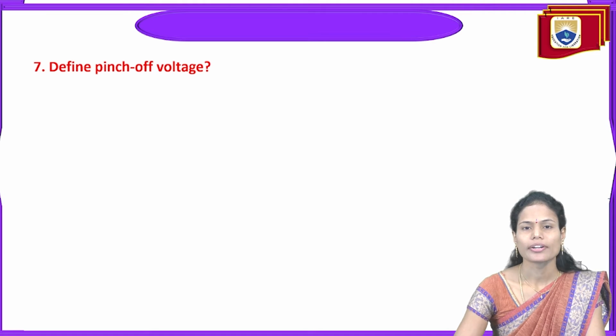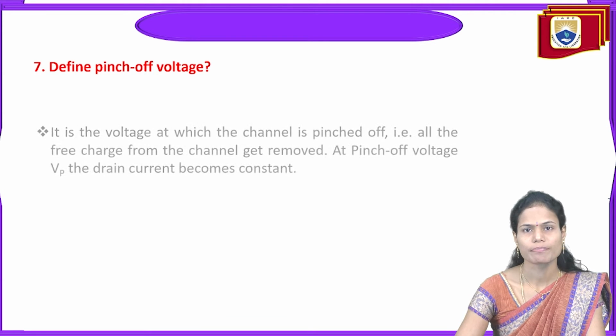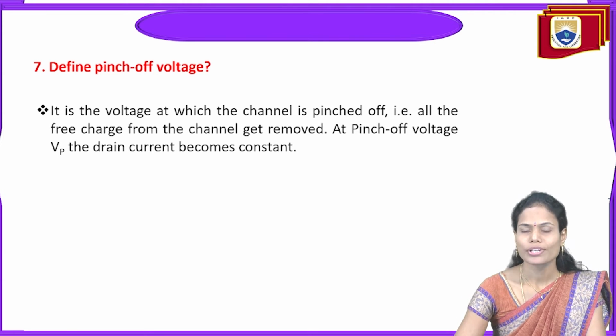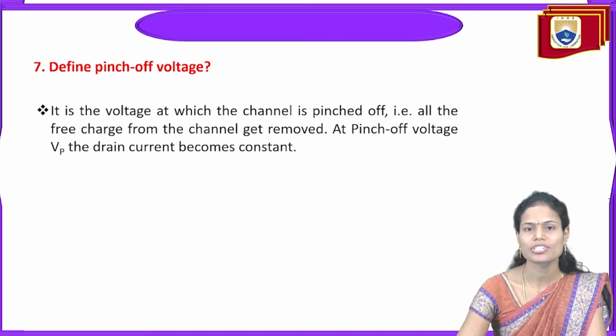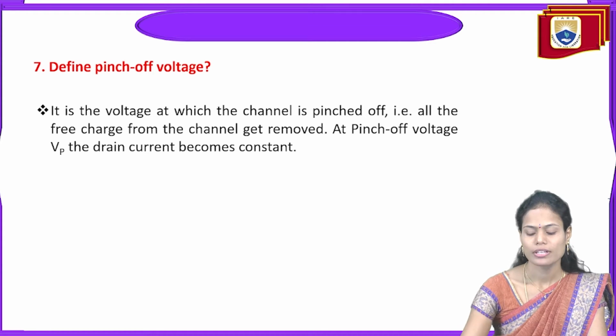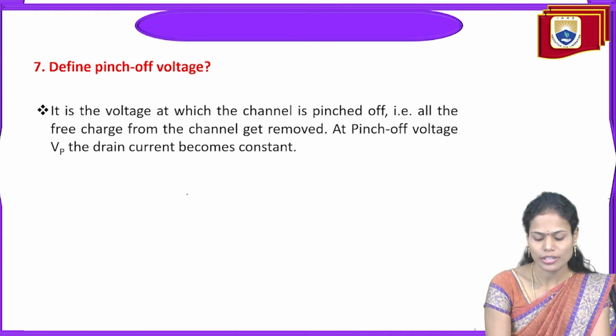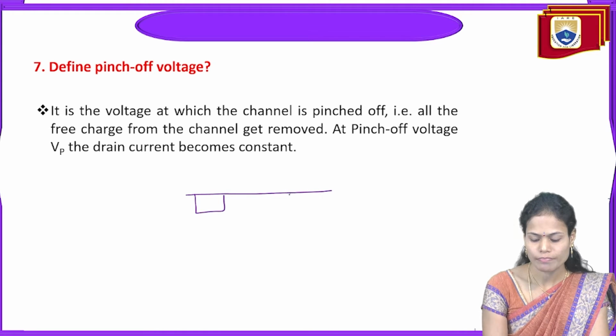So next one is define pinch off voltage. This pinch off voltage concept occurs in the field effect transistor. What is meant by pinch off voltage is nothing but the voltage at which the channel is pinched off. Channel is pinched off means generally in the case of FET, we have the source and drain terminals like this.